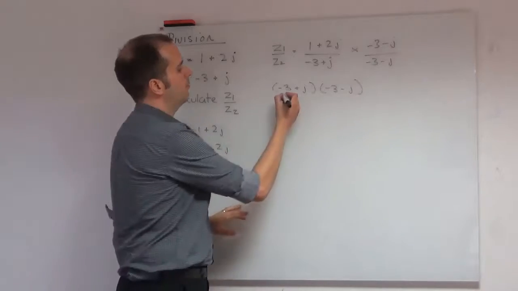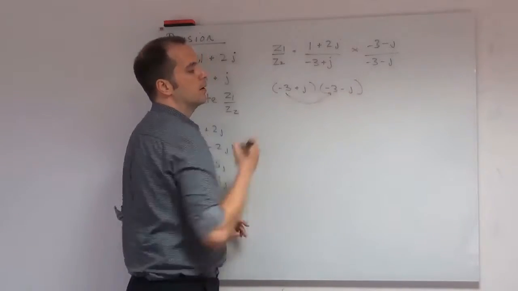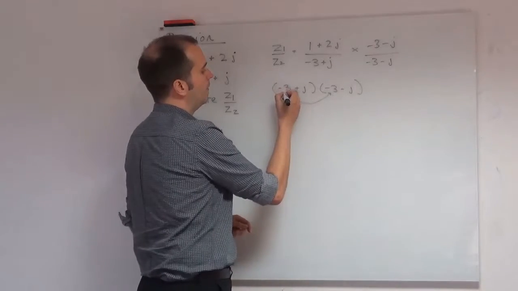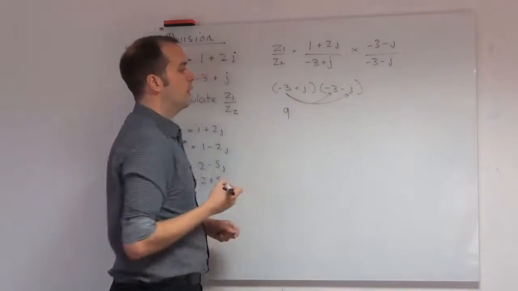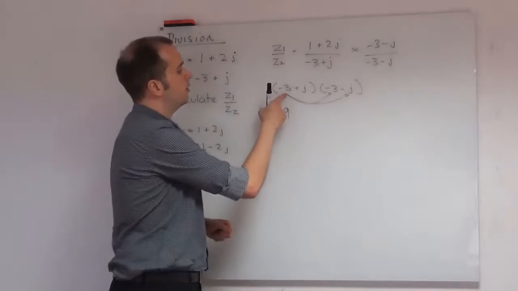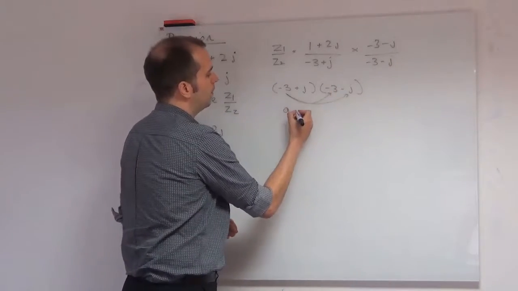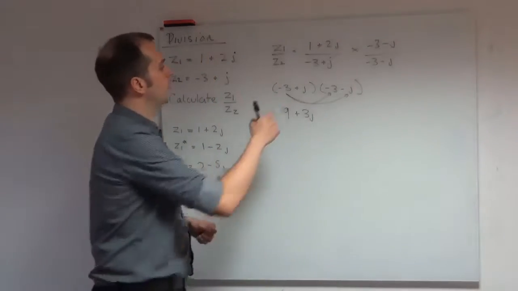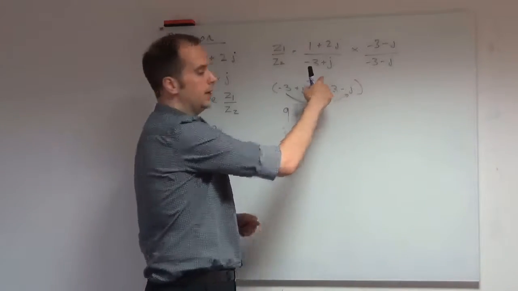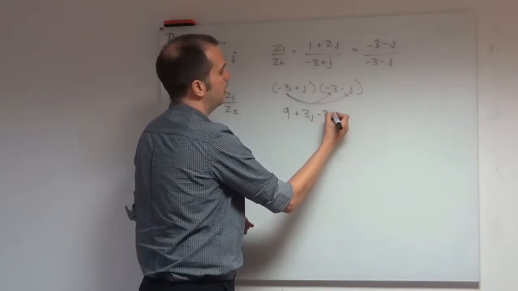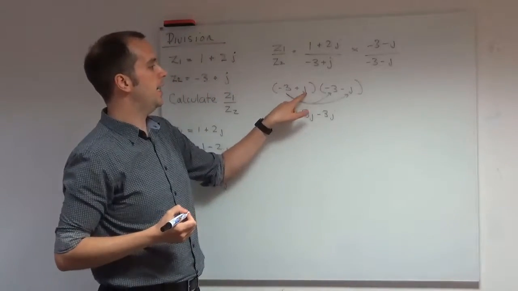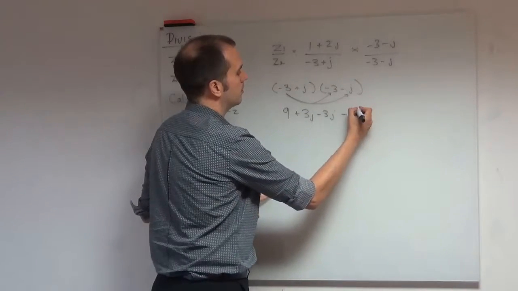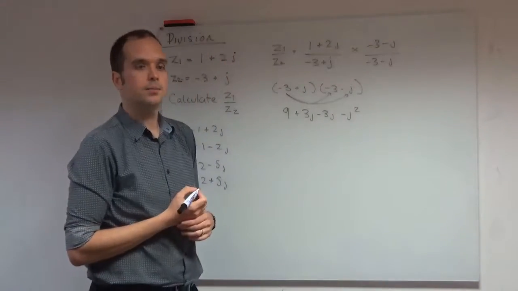So minus 3 multiplied by minus 3 gives us a plus 9. Minus 3 multiplying minus j: minus times minus gives a plus, so we get plus 3j. We'll have j times minus 3, so that'll be minus 3j. And then j times minus j, which will give us minus j squared.